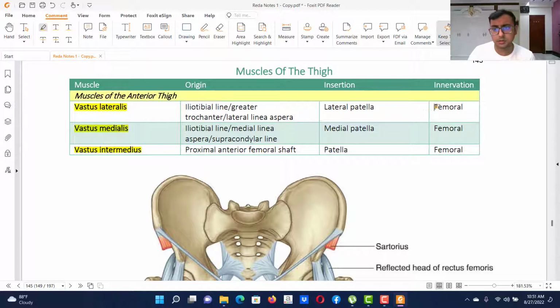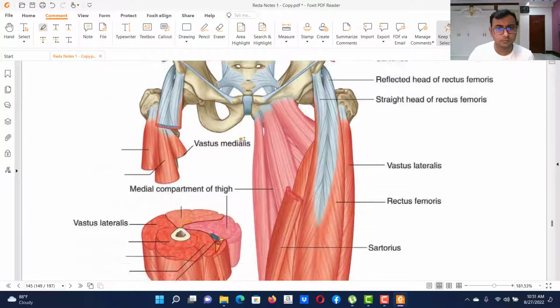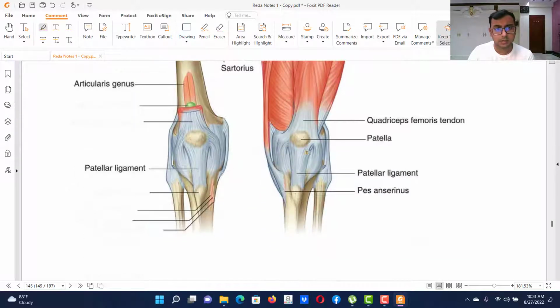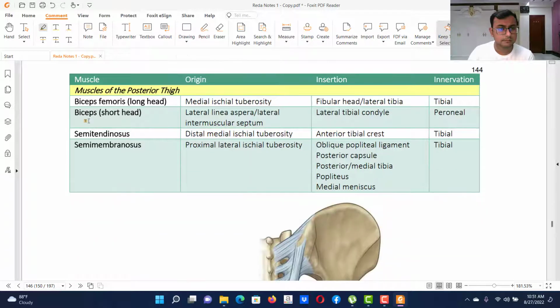These three muscles are supplied by the femoral nerve. These three muscles insert as a quadriceps tendon, that is the patellar ligament. Now, the muscles of the posterior thigh, also called the hamstring group of muscles. Let me write here.